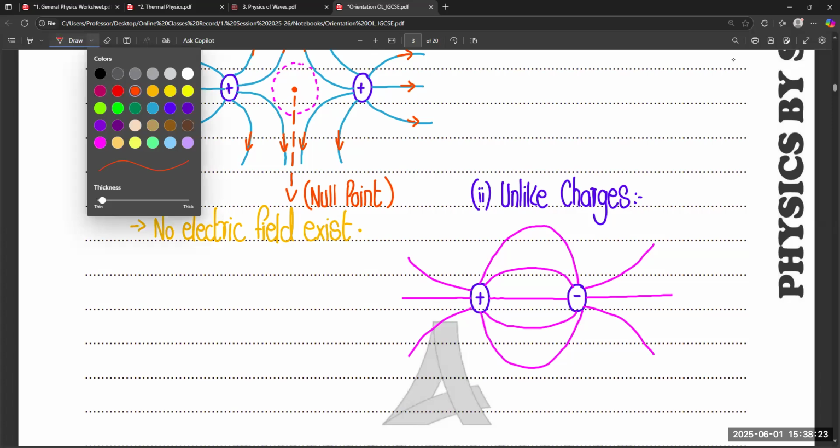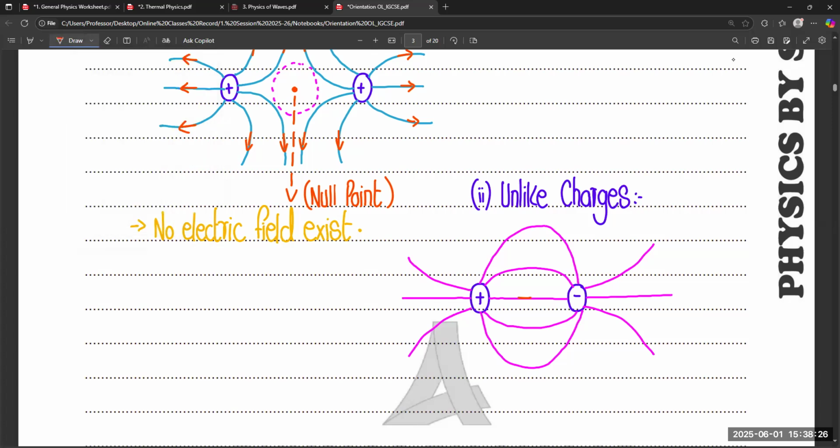So now in this diagram, there is a simple difference. Field lines always travel from positive to negative, like this.